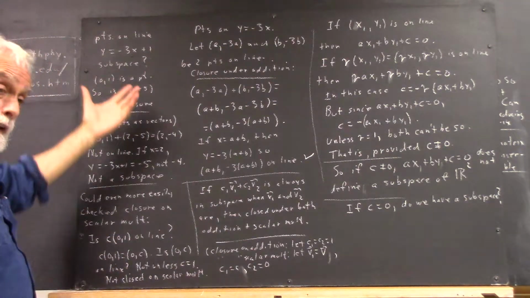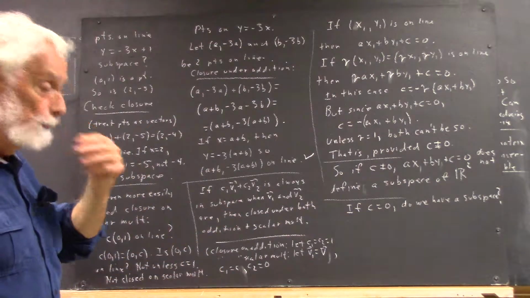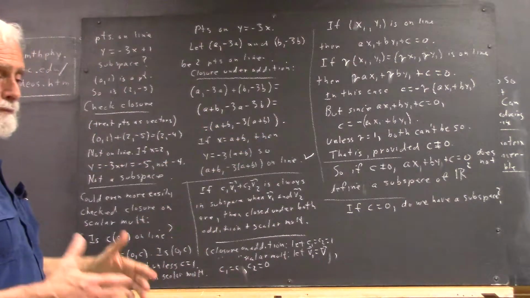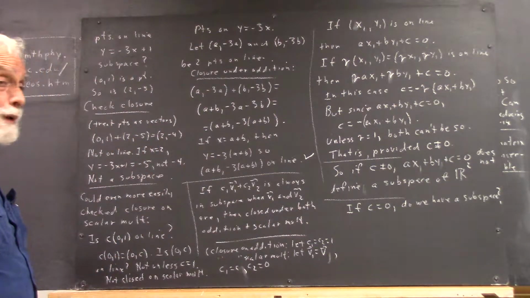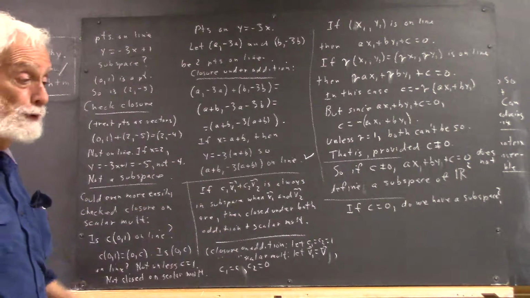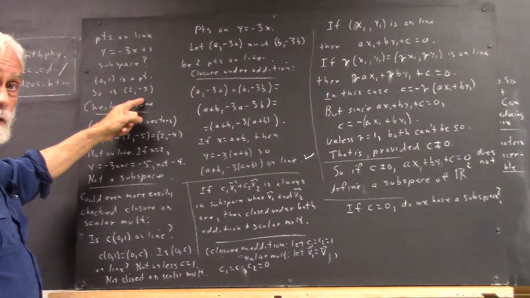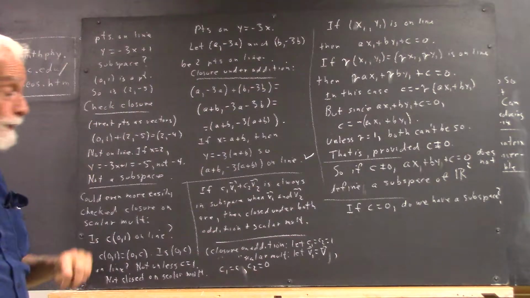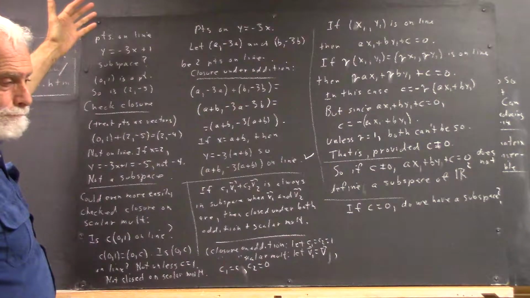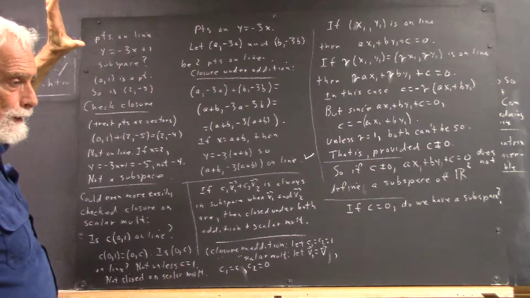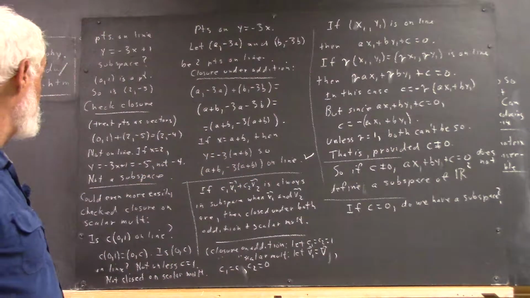If they do give us a point on the line, we haven't proven a thing, except that there's at least one pair of points that add up to a point on the line. So we would have to go to symbols in order to prove it. It turns out, though, that this is going to be untrue, and just by using the specific coordinates of 2 points, we're able to disprove the assertion that this is a subspace. We're going to be able to prove it's not a subspace.